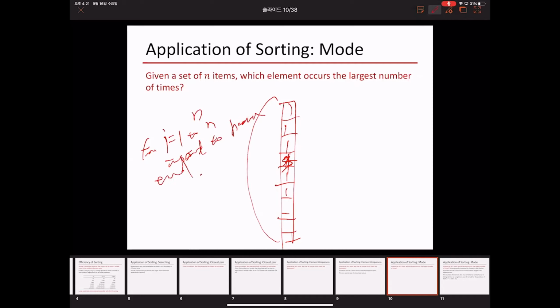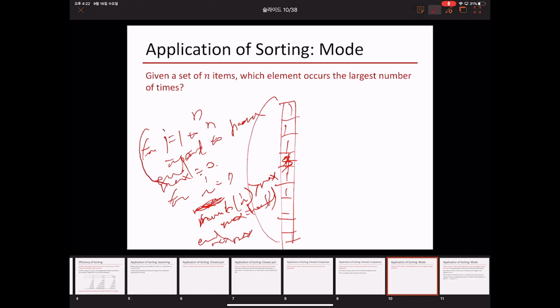Then after the events end, for i to n, max is 0. If hash[i] is bigger than max, max is hash[i]. Then in the end, return max. That takes n time. Therefore, O(n). Okay? All right, Jongwon, thank you.